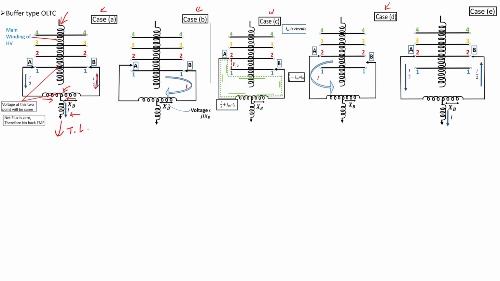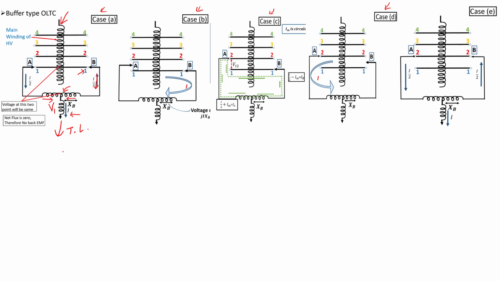The net MMF is near to 0, and we assume that it is 0. If MMF is 0, then the flux is 0, and the voltage drop across this buffer reactor is also 0. In that case, whatever voltage is there at this tap, that V1 also appears on the transmission line. So this is how the connection is initially.